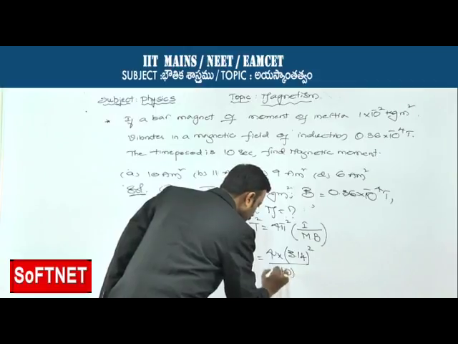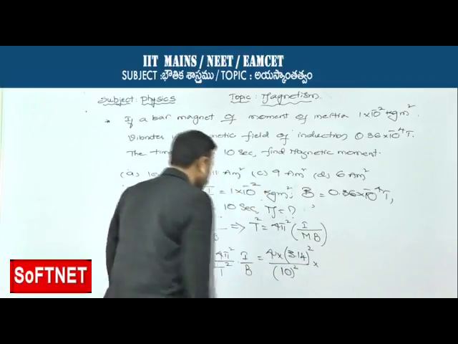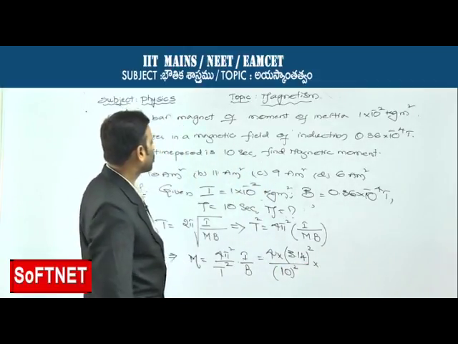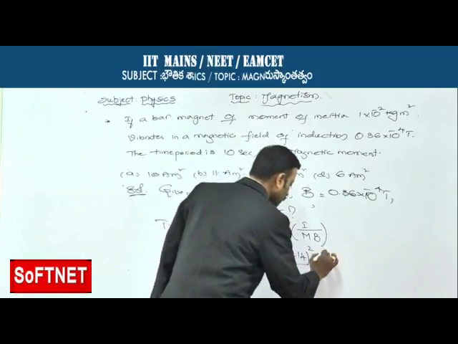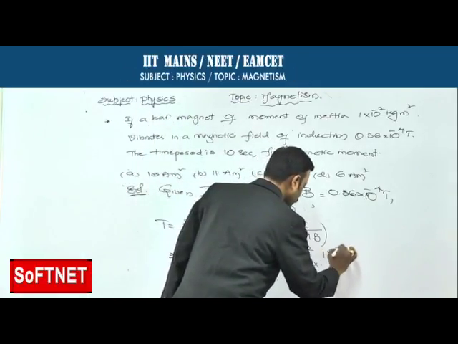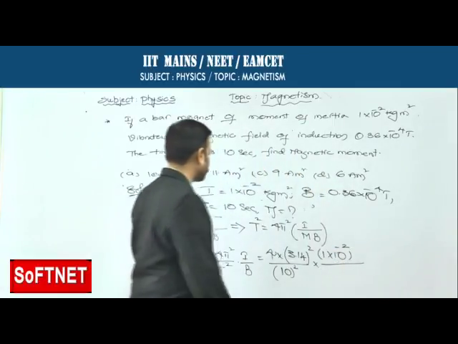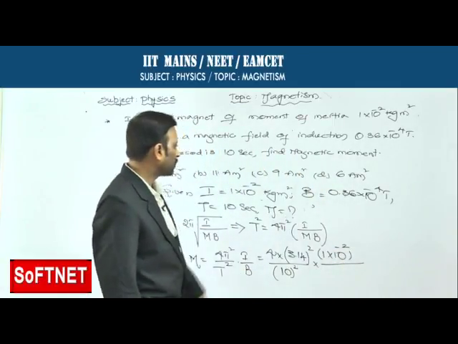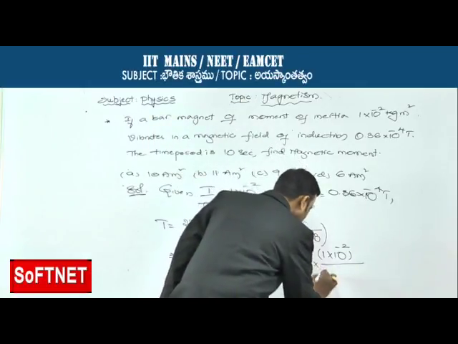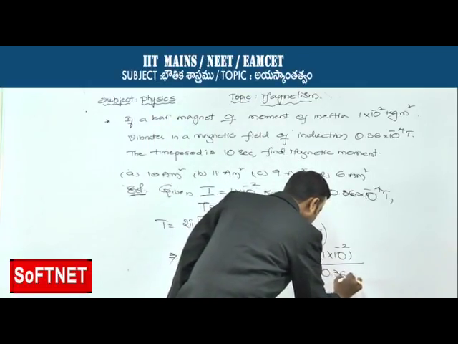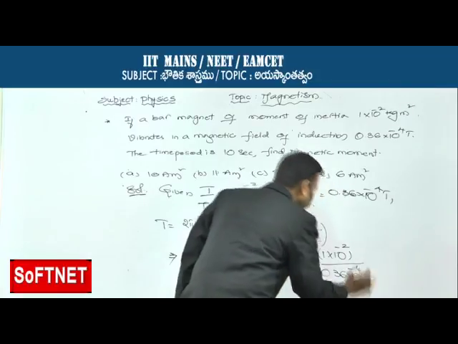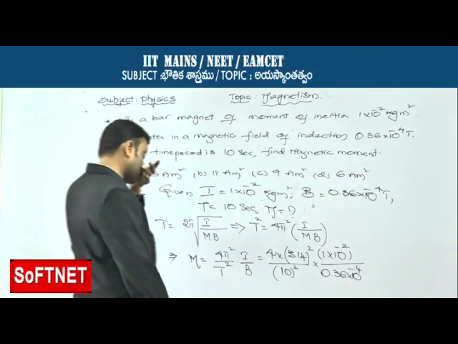So, 10 square into the moment of inertia of the magnet, which is 1 into 10 power minus 2, by induction B. Its value is given as 0.36 into 10 power minus 4.